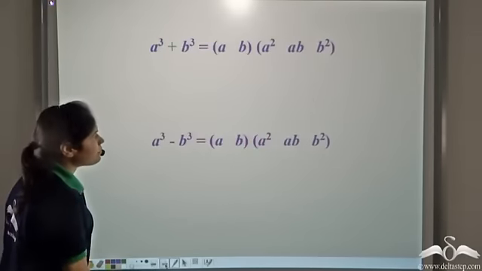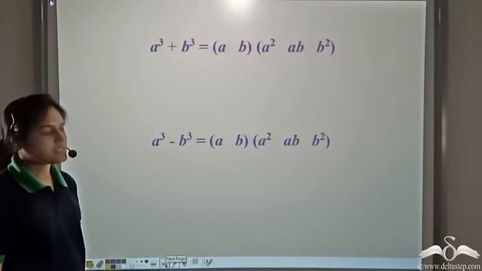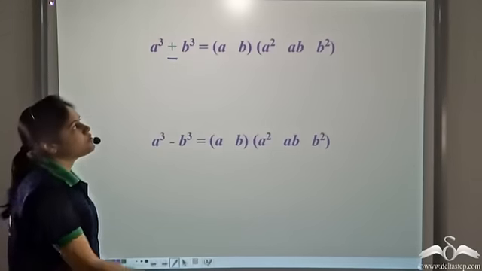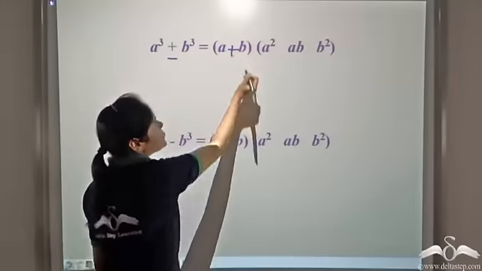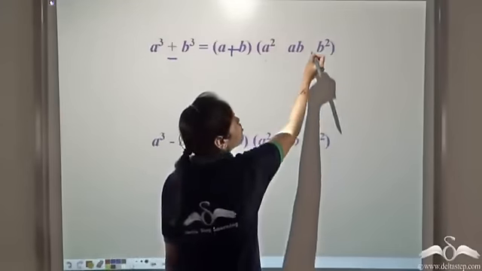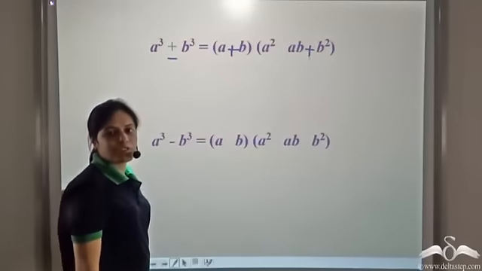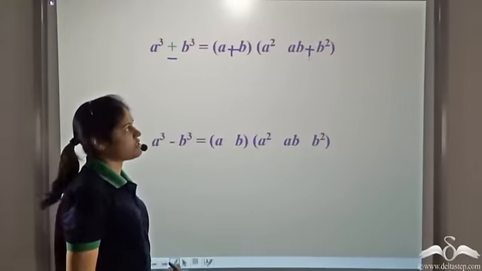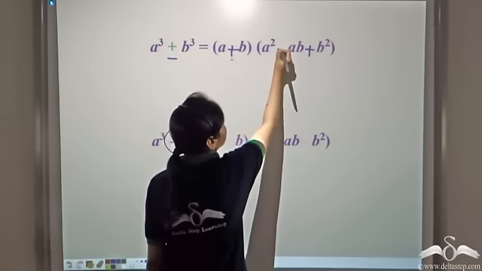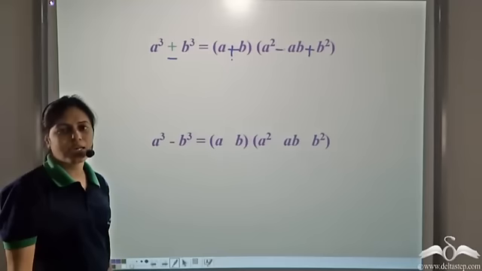So how do we remember the signs of these two identities? Here we have a cube plus b cube. So we place a plus sign here. A square is positive, so b square will also be positive because squares are positive. Now, if we have a plus sign here, we put a minus sign here.